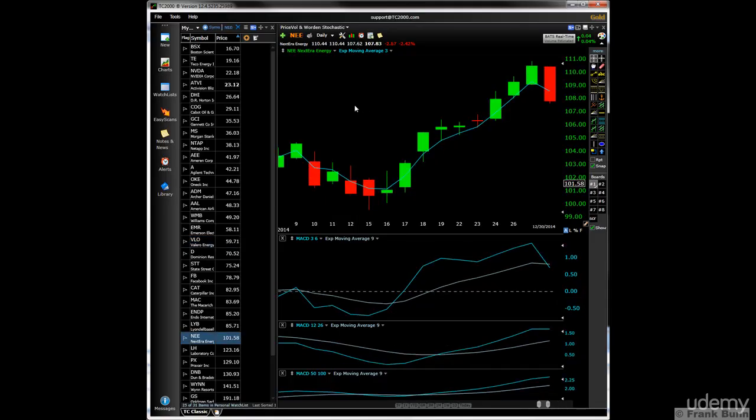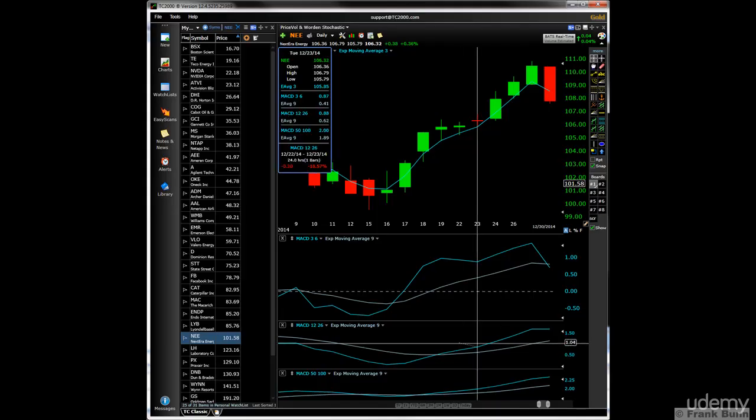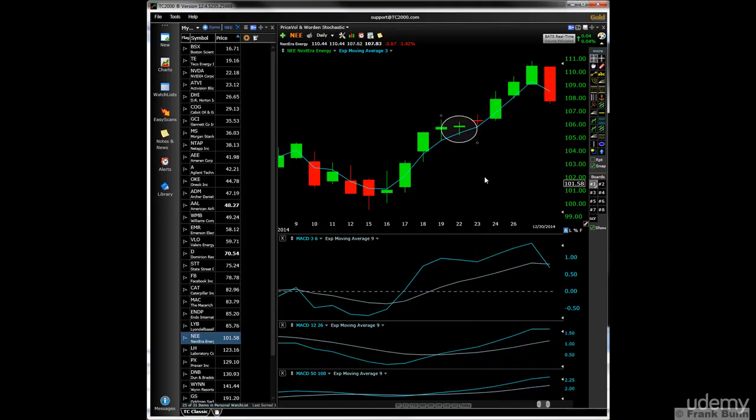Here's another example in NEE in a confirmed uptrend. My intermediate is over 0 over signal, and my long-term trend is over signal over 0. Furthermore, I have the proper pattern definition and technical requirements to set up this trade.